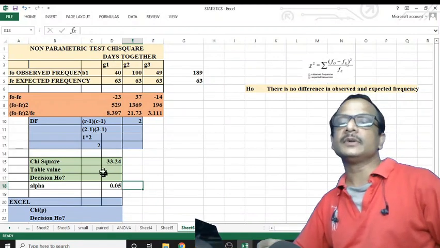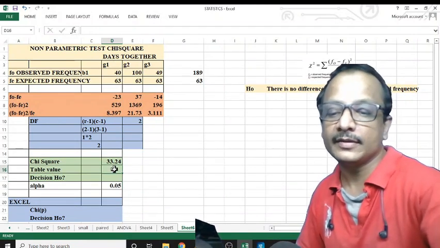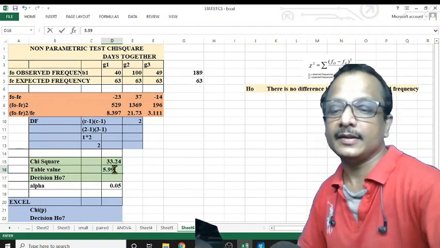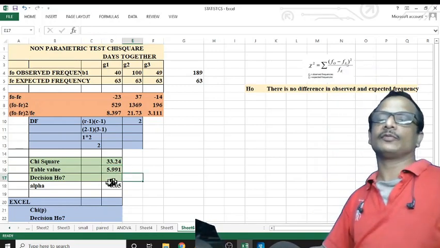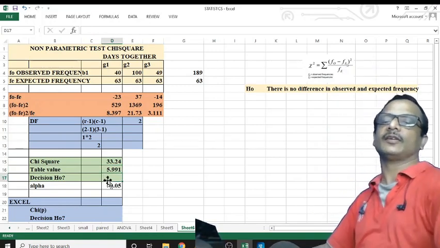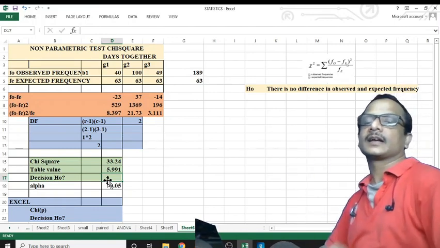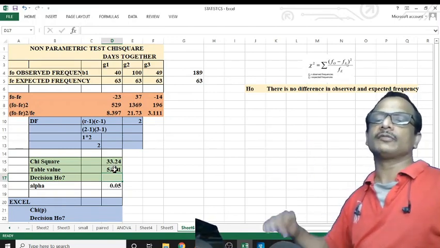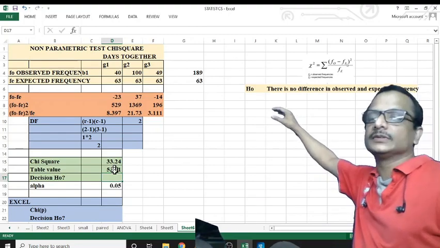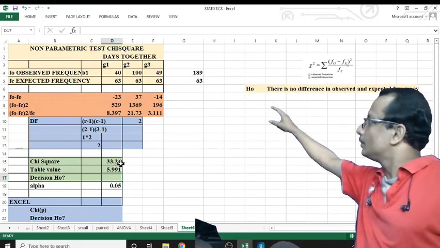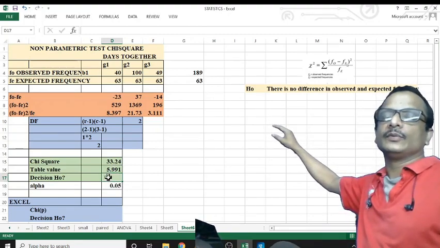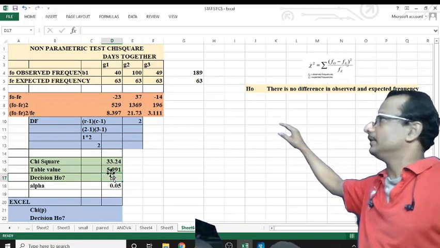Then if the table value is 5.991, we can go for the decision on H0. The criteria here is to compare the obtained chi-square value 33.24 to the table value 5.991.